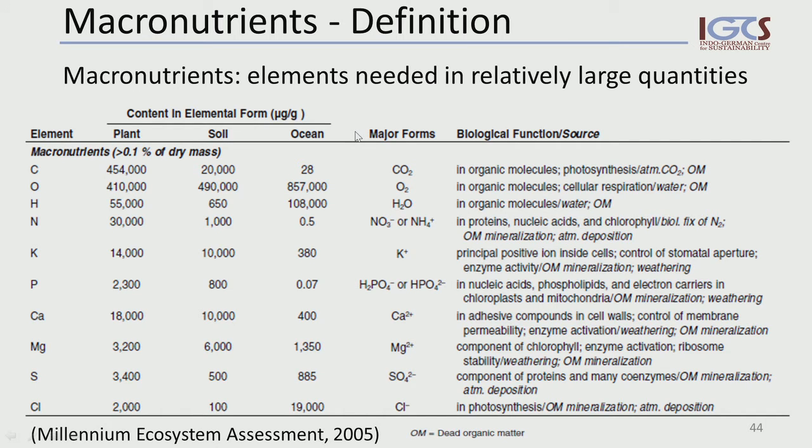Examples of these macronutrients are listed here: carbon, oxygen, hydrogen, nitrogen, etc. The occurrence in plant material, in soils, in oceans, in which form or chemical form they are most often occurring, and then we have here a brief list of the biological functions of these macronutrients. So those processes are better understood.